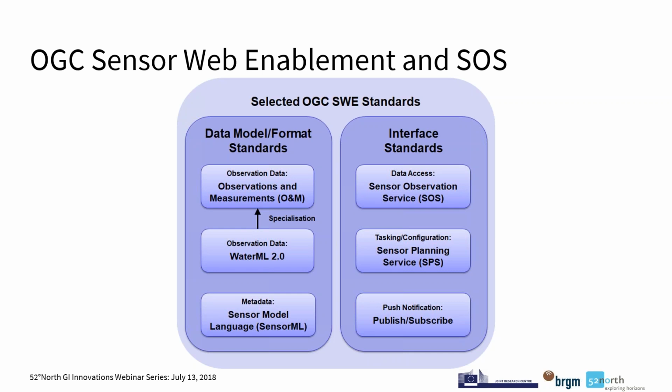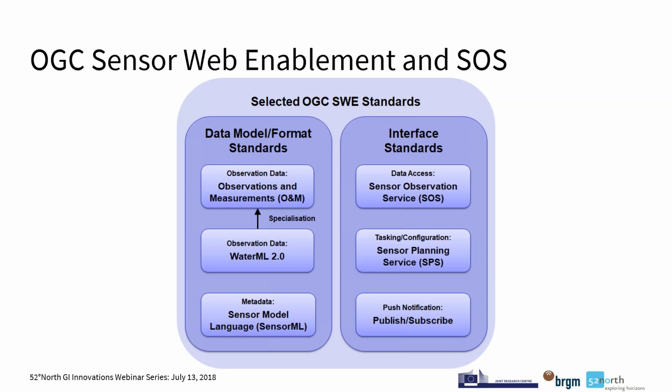So WaterML 2.0 is a specialization of O&M for serving hydrological data, which is quite popular in the hydrology domain. And on the other hand, for encoding also metadata, we have a standard, the sensor model language, SensorML, which provides one opportunity to provide detailed metadata about the processes which have been used for generating certain data.